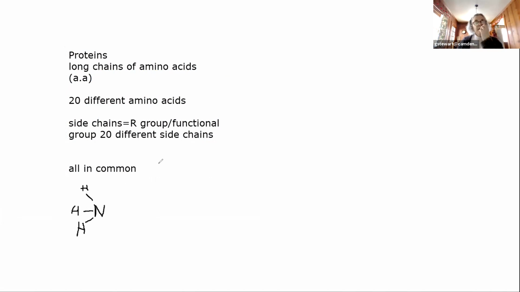So the basic formula for our amino acid, if we're writing it just straight across, is H3N, a nitrogen with 3 hydrogens bound to it, then a carbon, and then a second carbon.